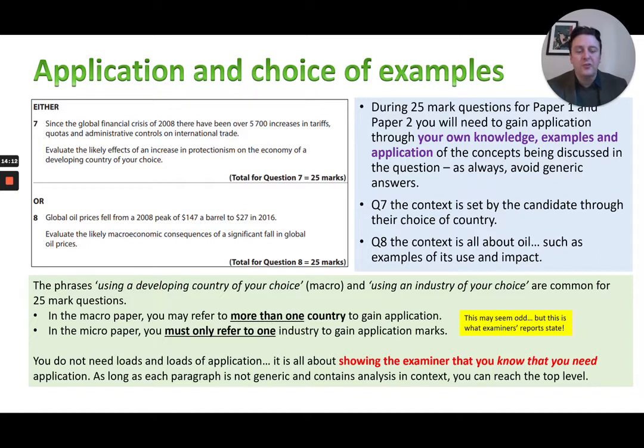Okay, so you don't have to know GDP data, you don't have to know the exact interest rates or the exchange rates, but what you do need to know is the general trends. So if it's evaluate austerity, for example, you can use the UK and how that affected the UK economy, but you don't need too much data and detail. Okay.